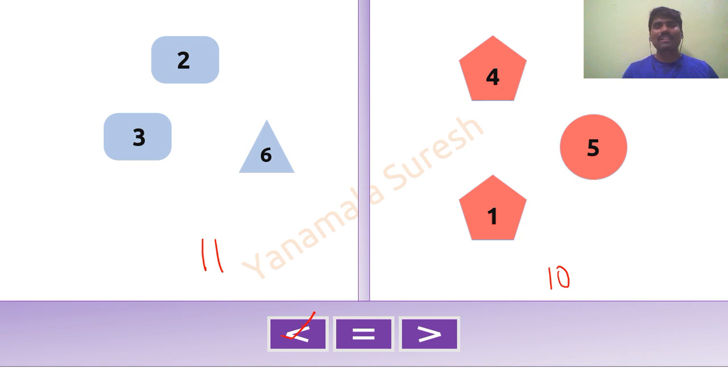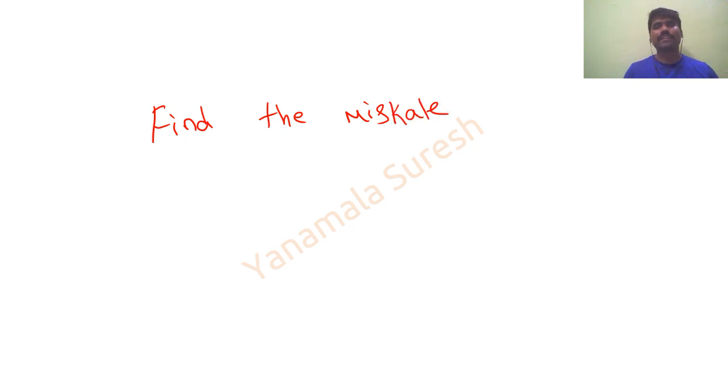Guys, now the next thing is English. You have to find the mistakes. That is the simple part actually regarding the verbal section, and not exactly the verbal section. You have to identify the mistake exactly. Now it is like this: find the mistake. Obviously the student will wonder, sir, where is the mistake?